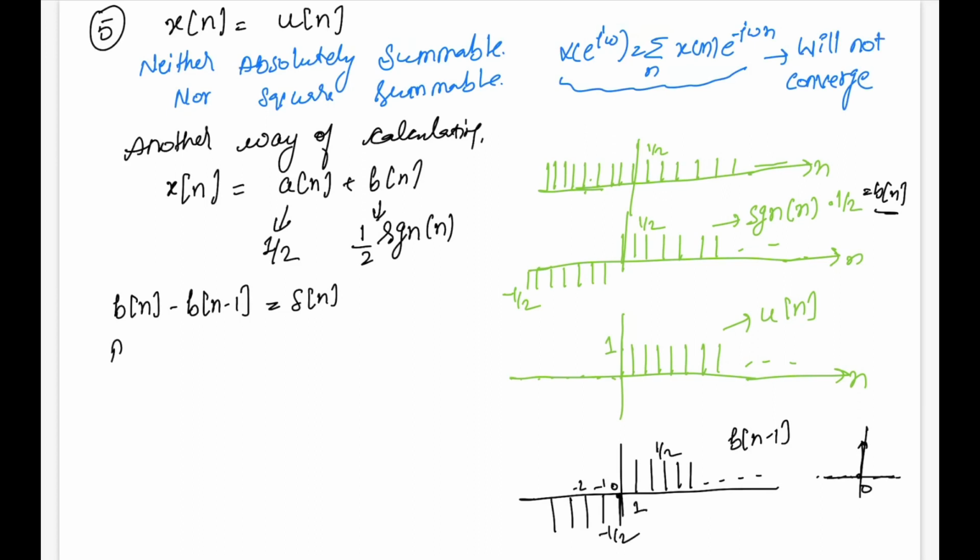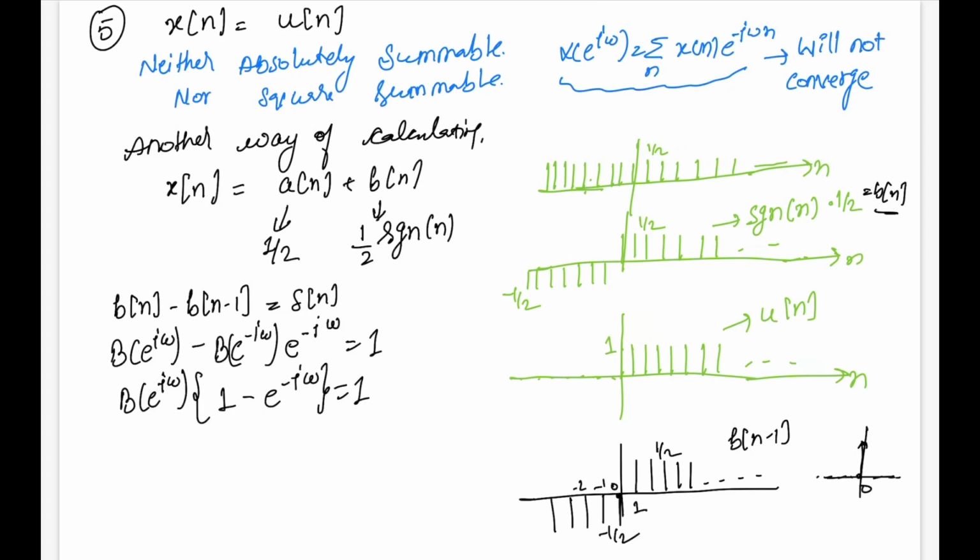So if we take the Fourier transform of this, as we have already seen, if we are shifting in time, we are giving a phase in frequency. So it equals 1. Taking B(e^{jω}) common, it is 1 minus e to the minus jω.